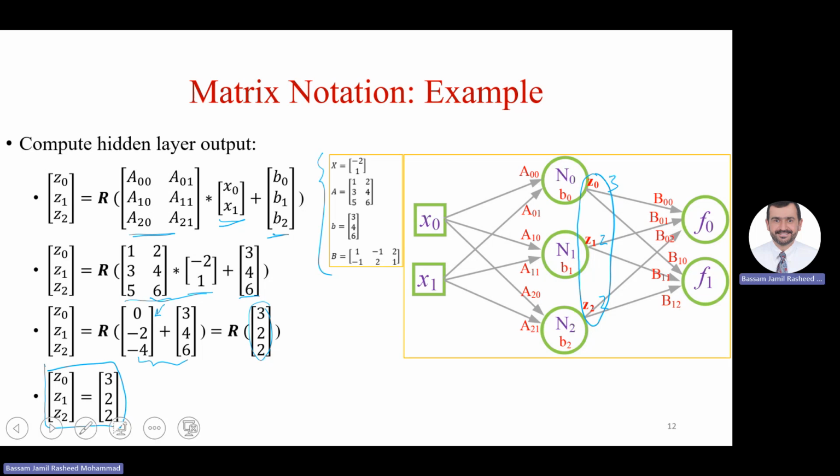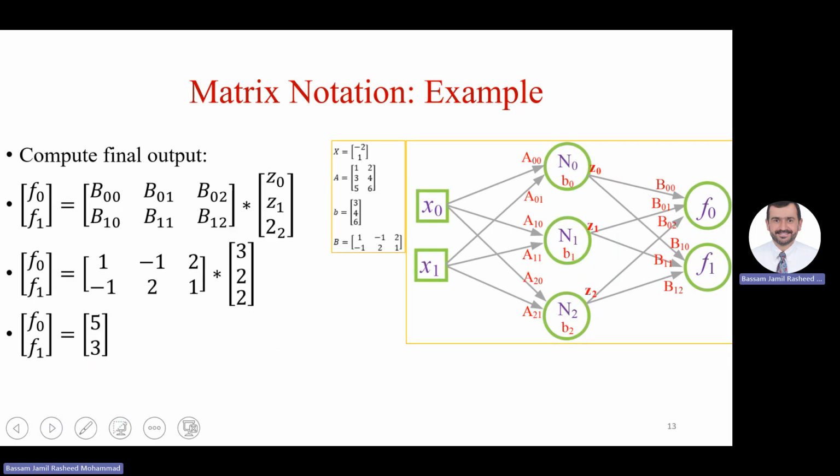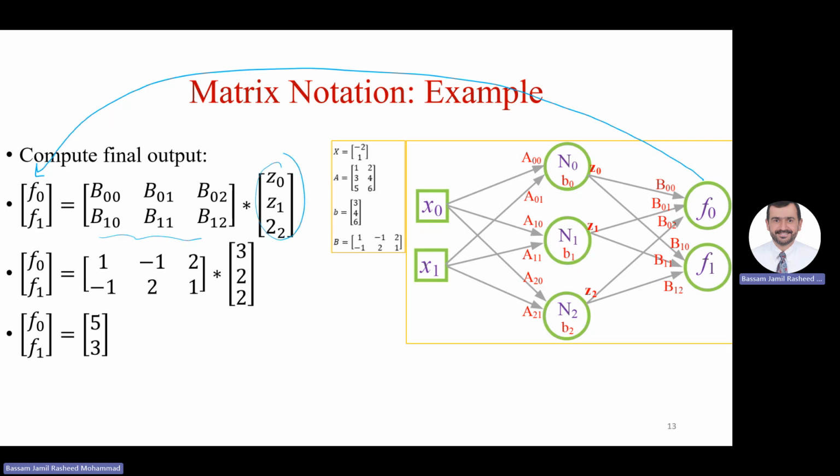Now we take this value. To get the functions here, we need to apply the matrix multiplication which we presented a few minutes ago. We multiply the B matrix times the Z's that we just calculated. This is the B matrix, it's given from the question, and here is the Z matrix, which I just computed.